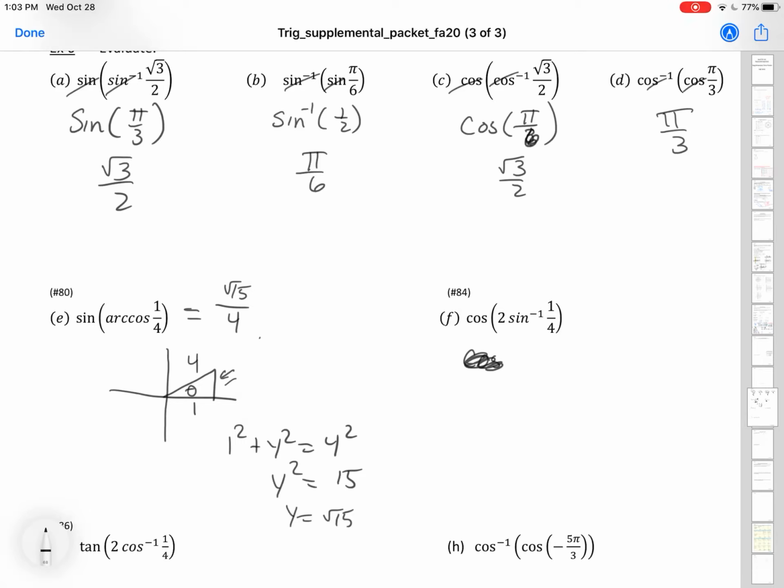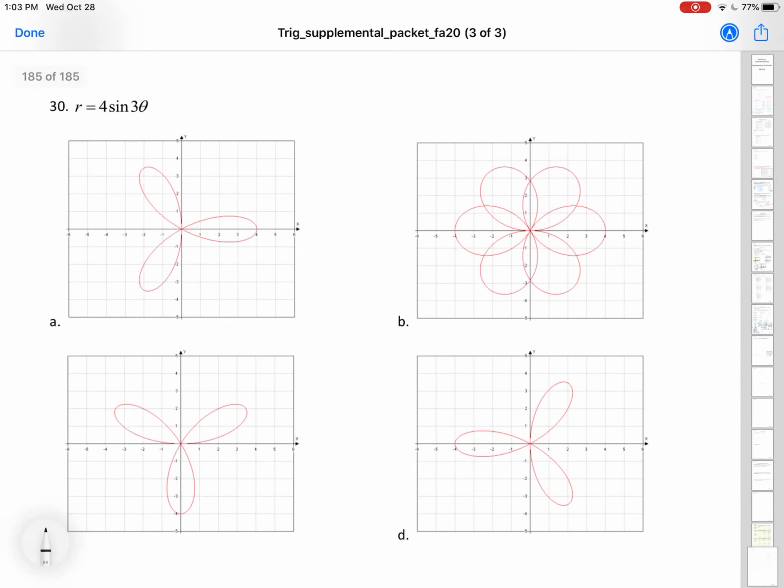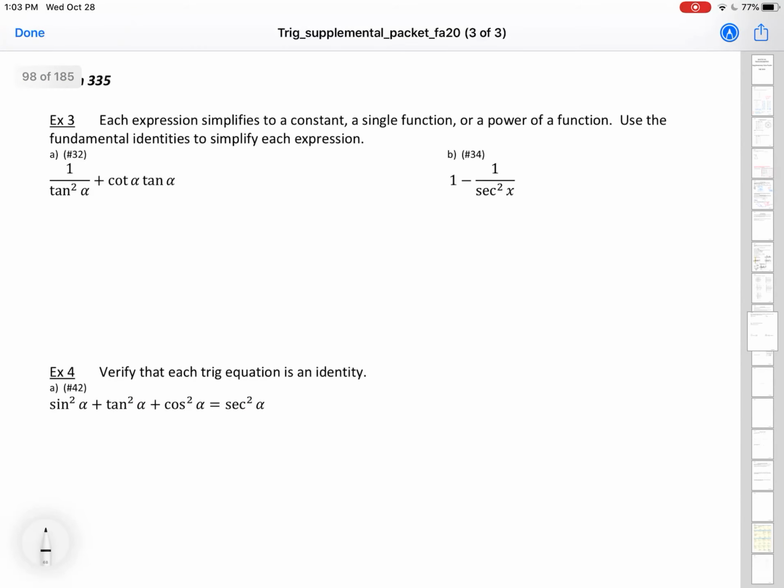If we know that the sine of the angle is 1/4, so if I use this representation, cosine of 2a is equal to 1 minus 2 sine squared of a, then here's what I have.